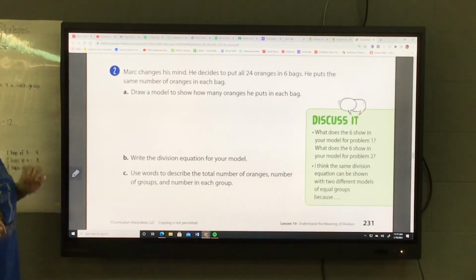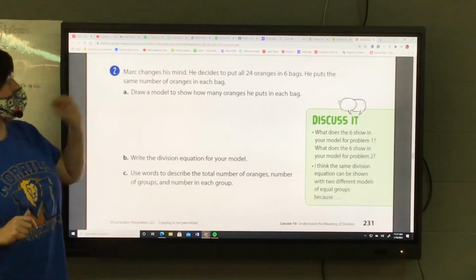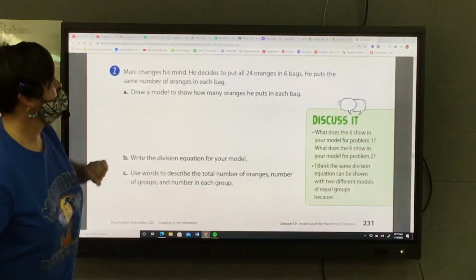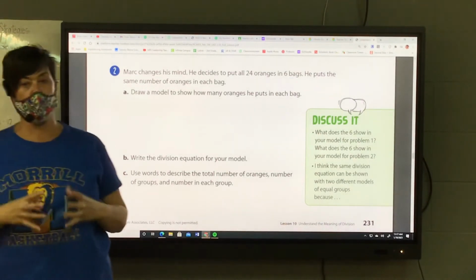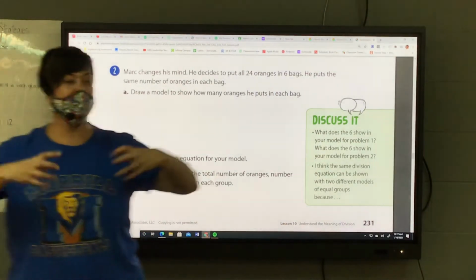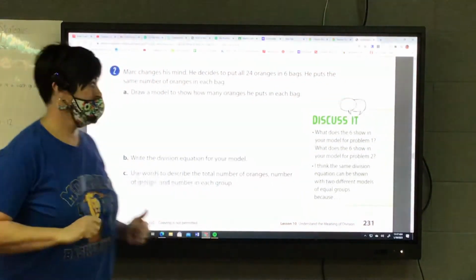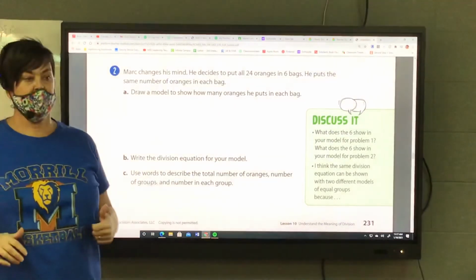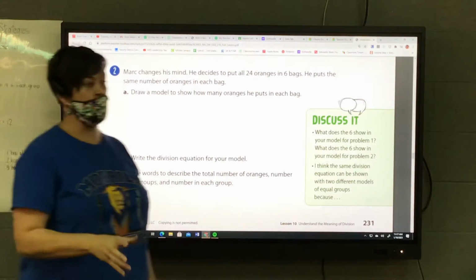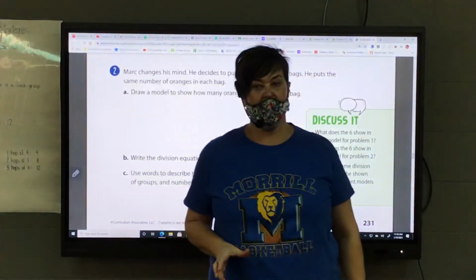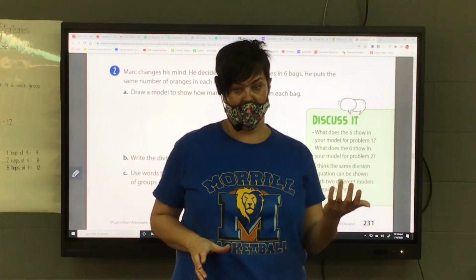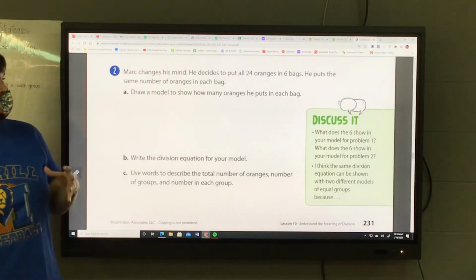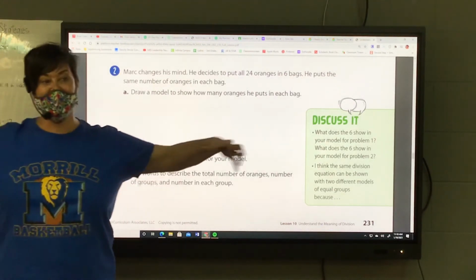Let's look at 2. So Mark changes his mind. He's like, no, I'm not going to do it that way. He decides to put all 24 oranges in 6 bags. So he had said that he had 24 oranges and he was putting 6 oranges in bags, right? This time he's saying he's putting 24 oranges in 6 bags.